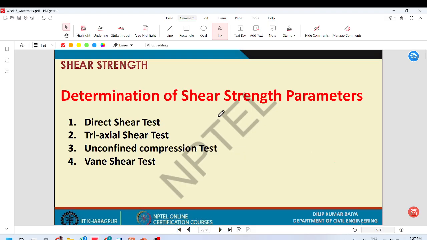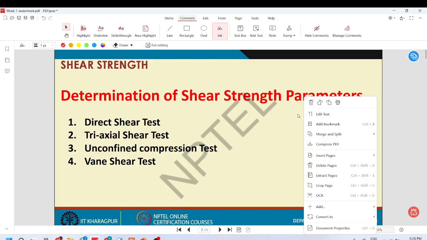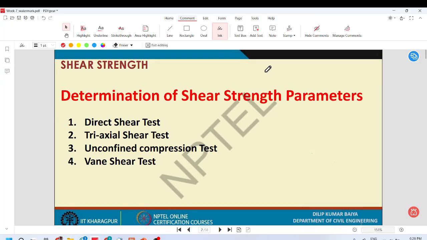You also have to tell me how you got this value, and in what state your soil was. Was it saturated? Was it dry? Did you allow the drainage? Did you not allow the drainage? These shear parameters are subject to certain conditions.